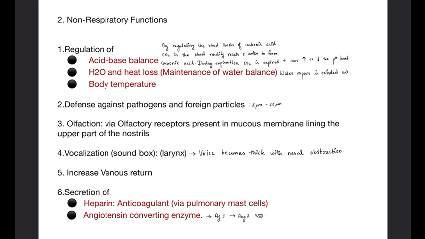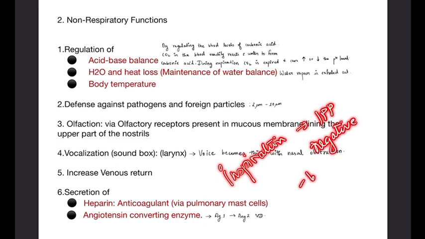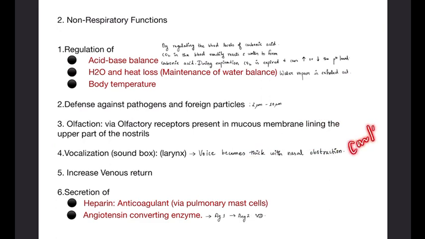Now, increase in venous return. I will just give a short explanation here. In the cardiovascular module, we would learn that there is anti-gravity action of the blood. Like, how does the blood flow against gravity and come back to the heart, right? This is because of the process of respiration. During inspiration, the intrapleural pressure is the most negative, from -6 to -8 centimeters of water.